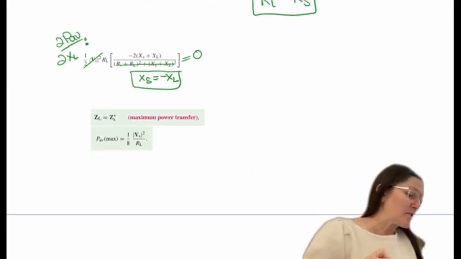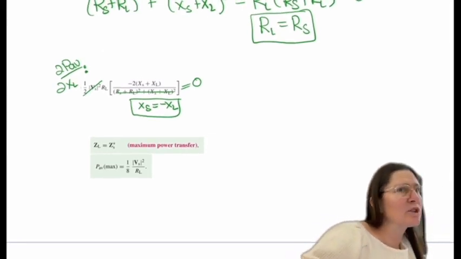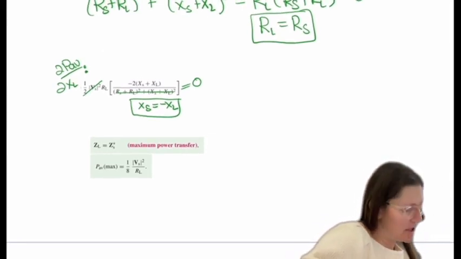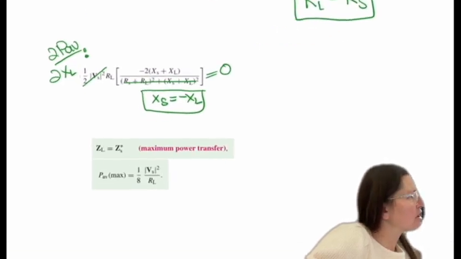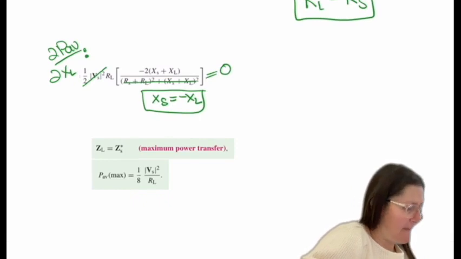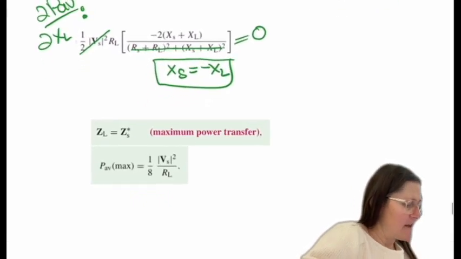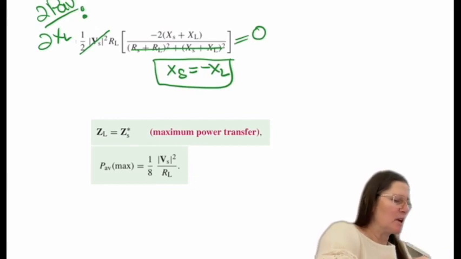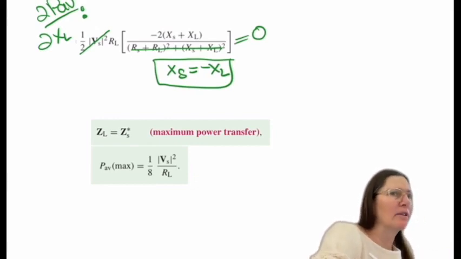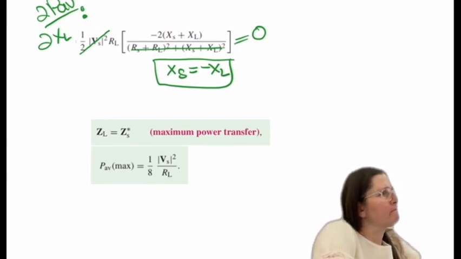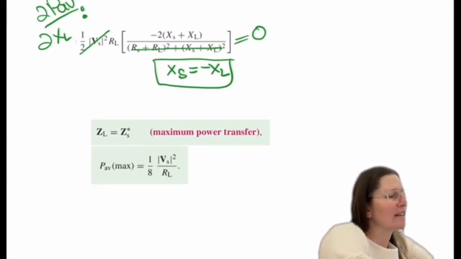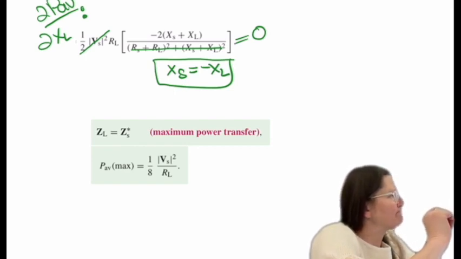So for the maximum power transfer, RL will equal RS, and then your imaginary ZL will equal the complex conjugate of ZS. And then the average power max will be 1/8 of VS squared over RL. Is that why impedance matching is so important in certain systems, so they can get the most efficient transfer of power? Correct. Yep. So this would be the way to get the most efficient power transfer.